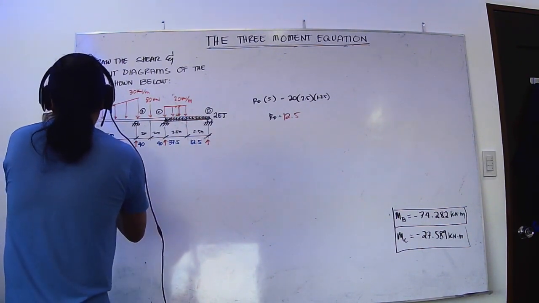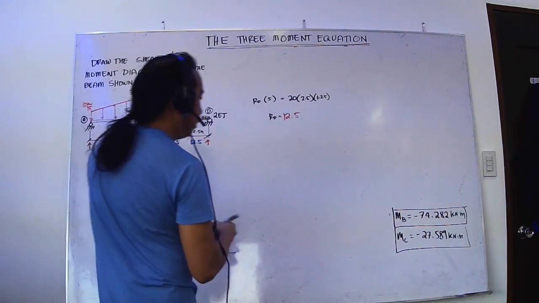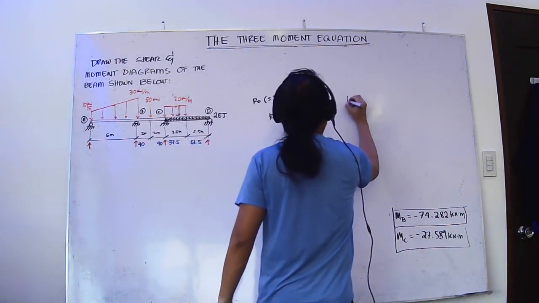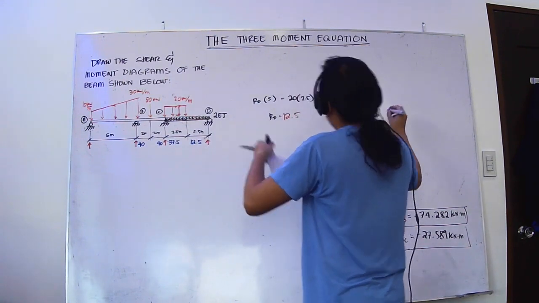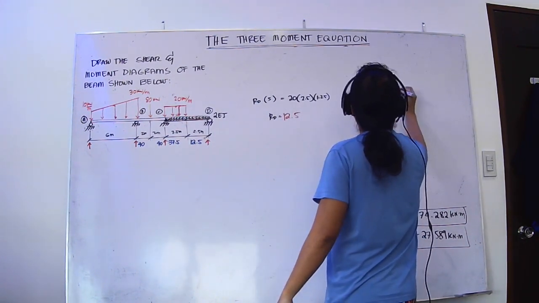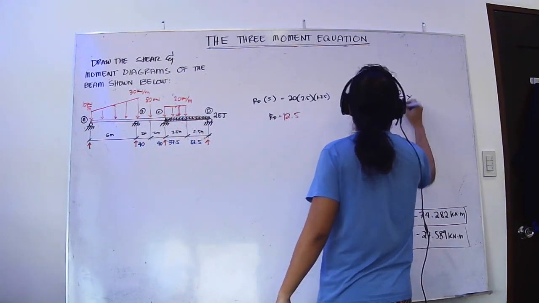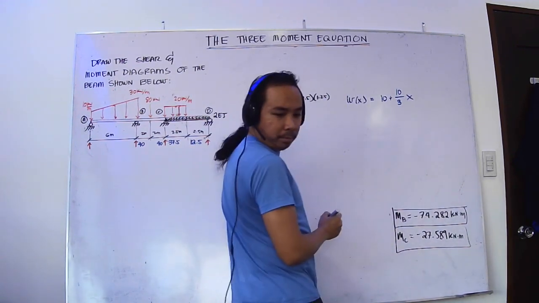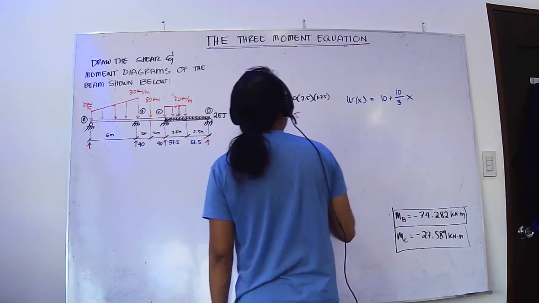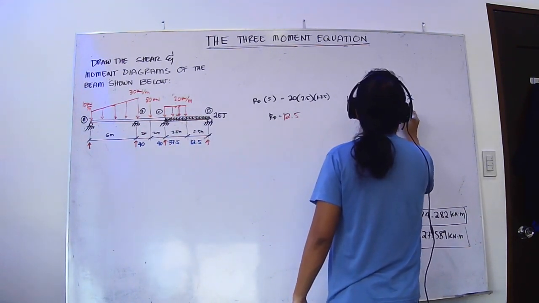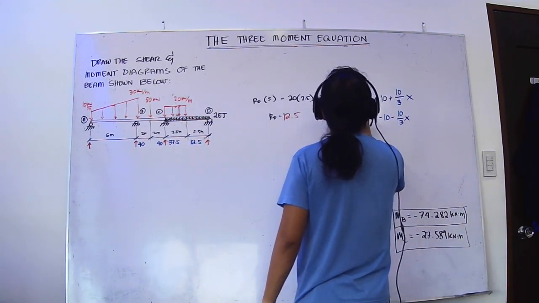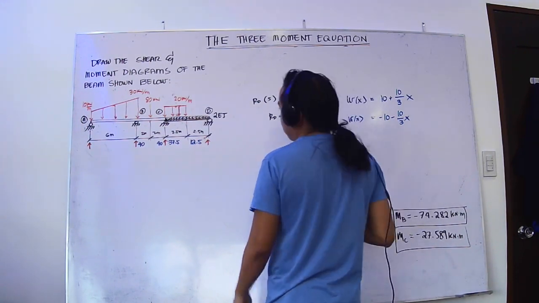The trapezoidal load is a much more difficult one, but we do know w dx. We already know that wx for this trapezoidal load is negative 10 minus 10 over 3x. Keep in mind that this is going down, so it is negative. This is our load.